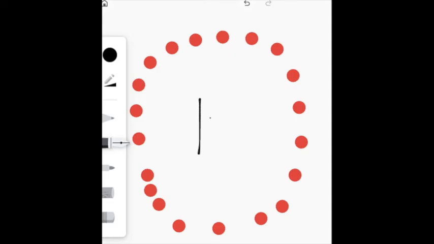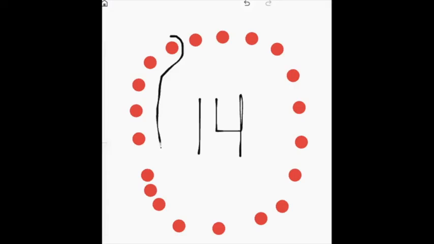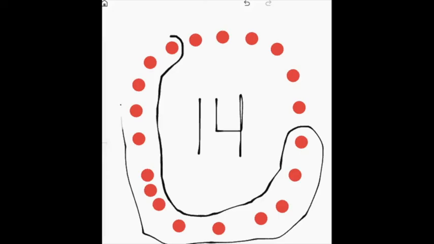So our first number is 10, 4. It's 14. So let's go 1, 2, 3, 4, 5, 6, 7, 8, 9, 10, 11, 12, 13, 14. 14 circles.